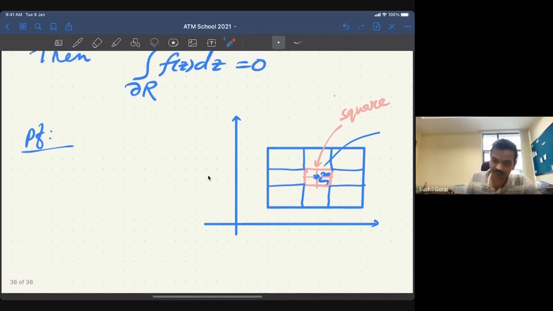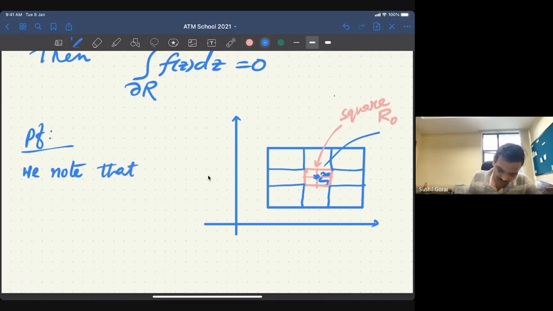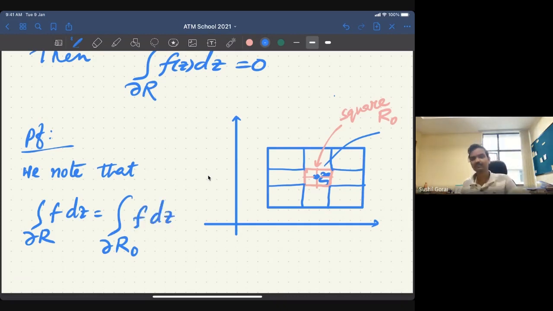So this is the idea. First you get a square and then make other rectangles, and there it will not contribute anything. All right. So we note, call this square R naught. Note that the integral over the boundary of R of f dz is nothing but the integral over the boundary of R naught of f dz. The other rectangles do not matter.